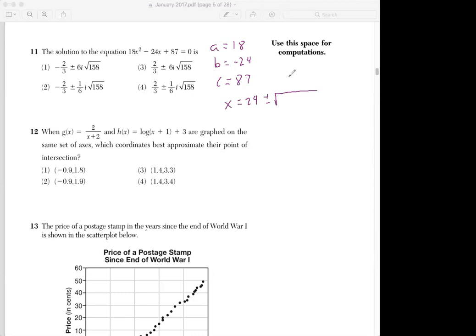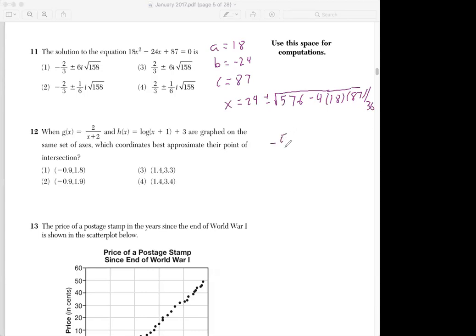So 24 squared is 576, minus 4 times 18 times 87. So 576, I'm just using my calculator now off screen, minus 4 times 18 times 87 equals negative 5688. The whole thing over 2 times A, or 36.